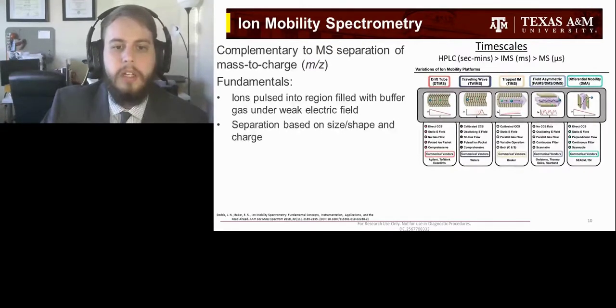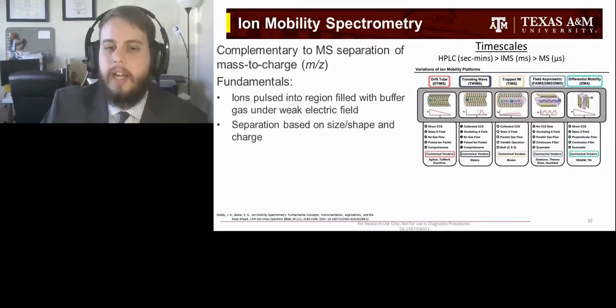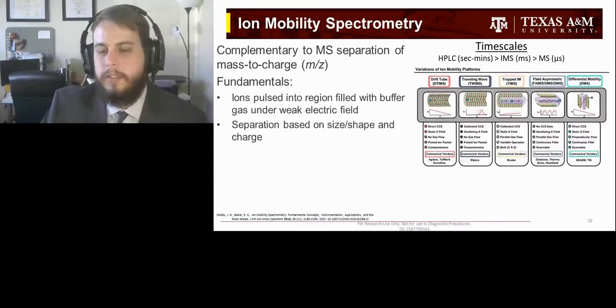These ions are separated by their charge, size and shape, that is, how they interact and collide with the buffer gas in this region, and the charge impacts how they respond to the field in the mobility device. With these combinations, we can measure ion-neutral collision cross-sections to be able to compare between different laboratories, instruments, and mobility devices.